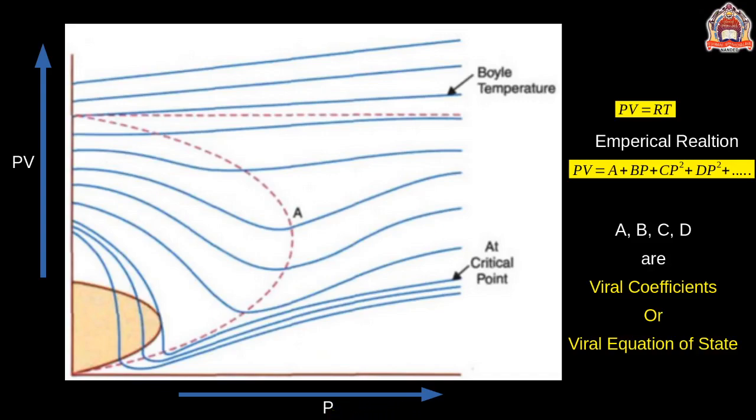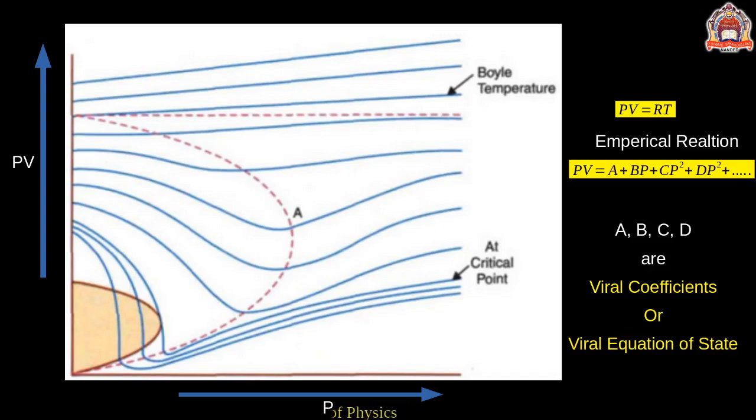Suppose we take d by dP of PV, which is equal to B plus 2CP plus 3DP square and so on. Such an equation is used to explain the behavior of real gases. At a low temperature, B is negative because of this one.